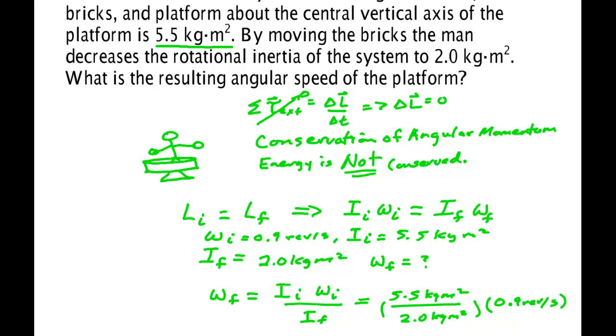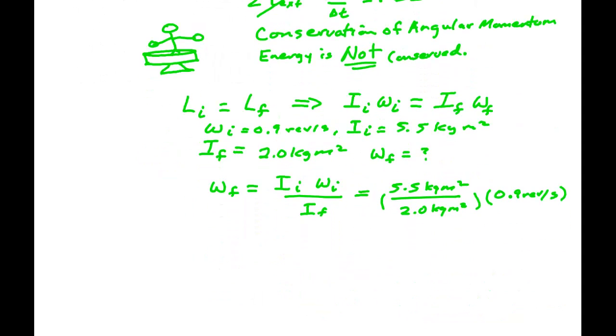And then we punch a calculator to find out what the final answer is. But we can see that 5.5 is more than twice 2, so we're going to increase the speed by more than a factor of 2. And we find it's 2.48 revolutions per second.